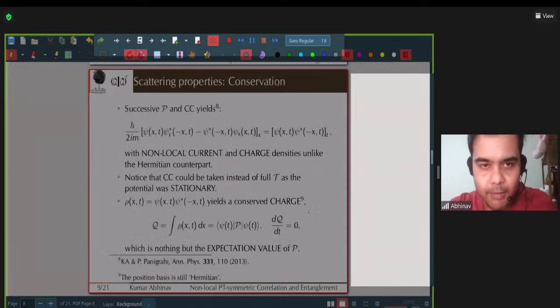Next, you take complex conjugation and parity successively. I am not saying that you take time reversal; you don't take time reversal. You take complex conjugation because first we want to cancel the potential so that we end up with an equation of continuity. And second, the potential is time independent, so it is the same thing for the potential.